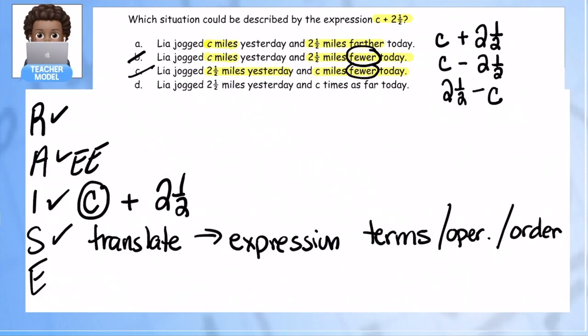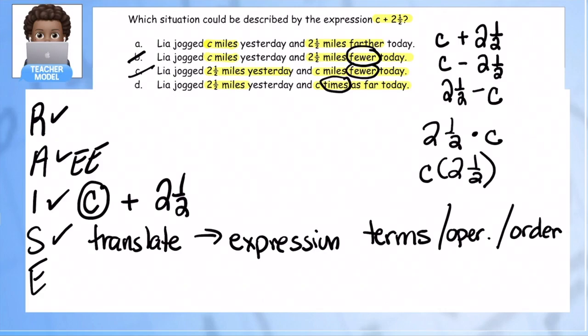And the last one, Leah jogged 2.5 miles yesterday and 2 times further today. So 2.5 miles and c times. So I could either write it like this, 2.5 c. I could see some kids writing it like this in parentheses.